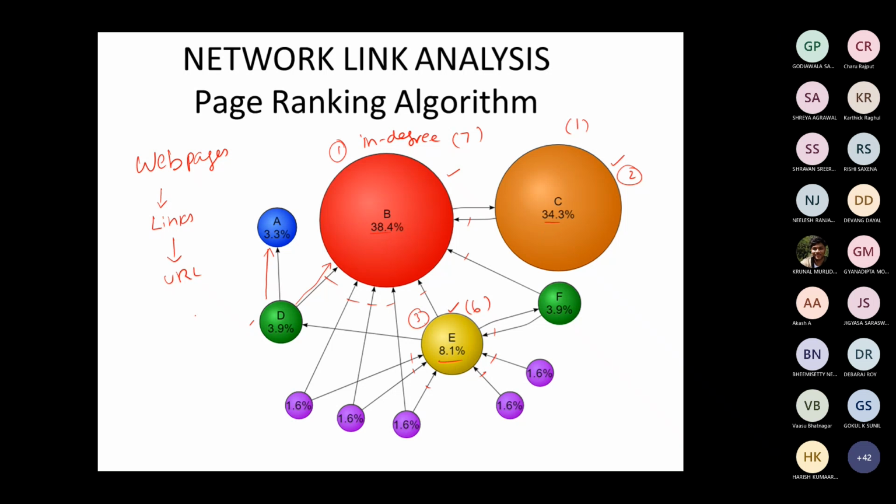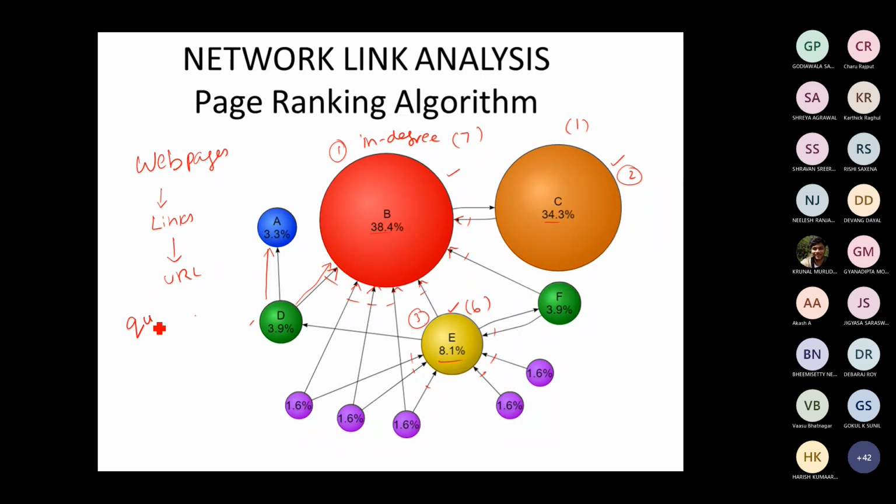So what is this page ranking algorithm? Page ranking algorithm means how many popular websites or web pages are directing towards a web page. I'm getting an incoming link from several web pages. Several web pages are referring to this particular page B, but how many popular web pages are referring to B is very important.